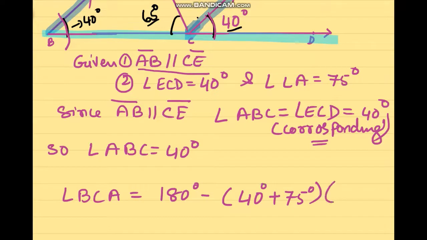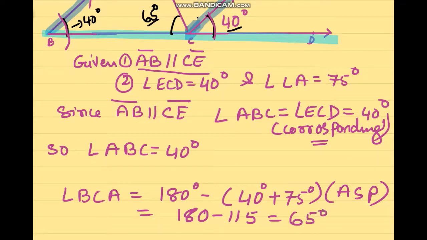This is by angle sum property. So this will be equal to 180 minus 115, and that will give you 65 degrees.